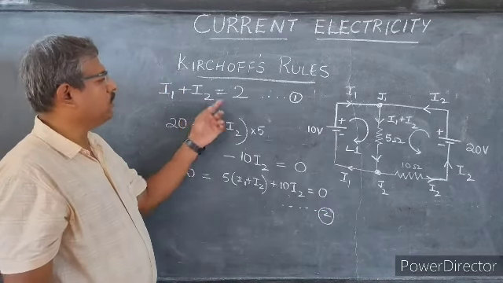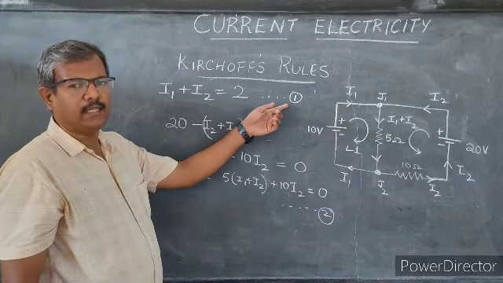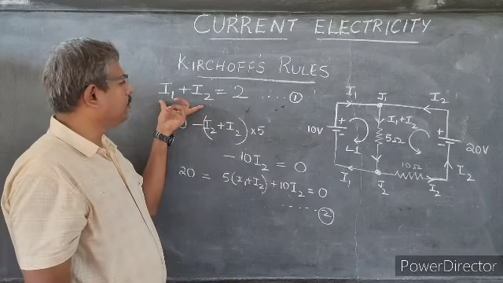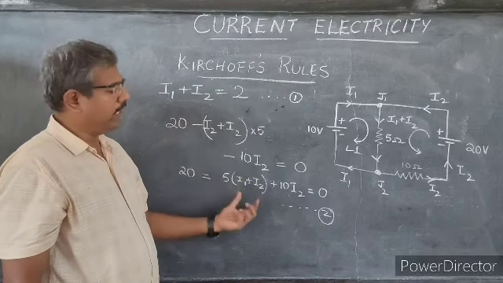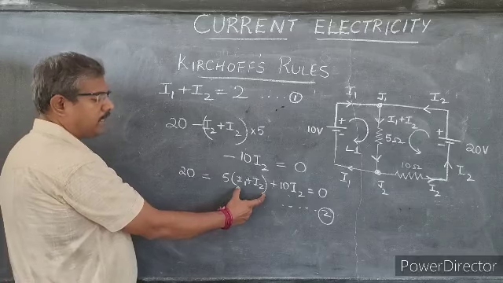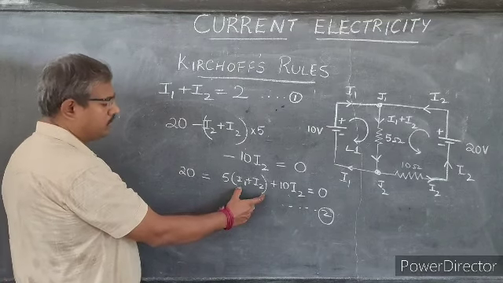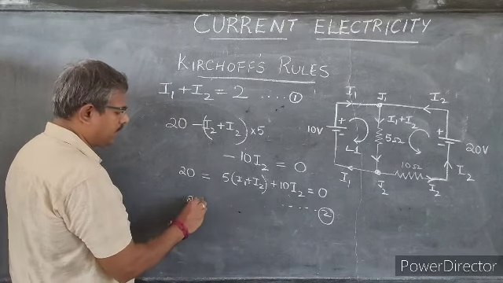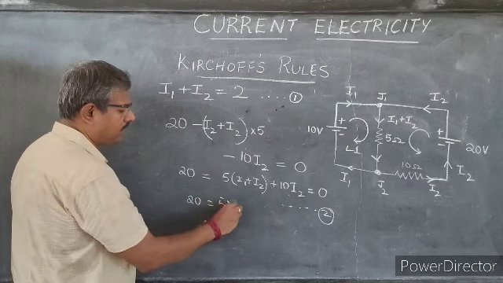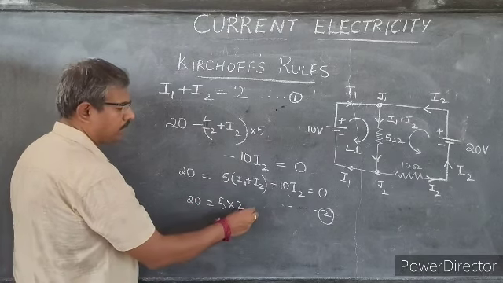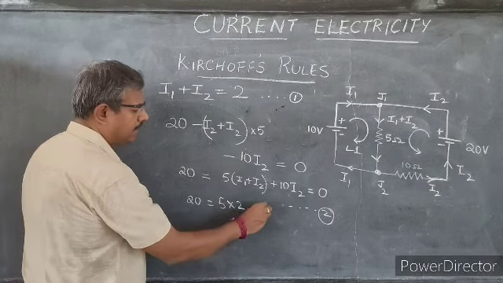Now from equation 1 that we got for loop 1, I1 plus I2 is equal to 2. So let me put the value of I1 plus I2 as 2 in equation 2. Instead of I1 plus I2 here, I put the value 2. So what I get is 20 equals 5 into 2 plus 10 I2.